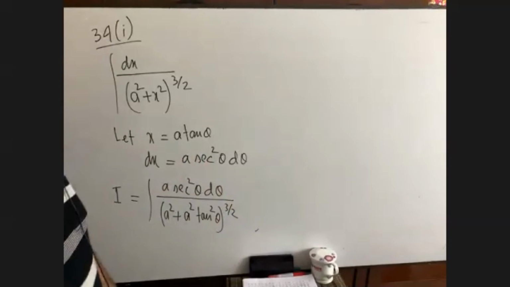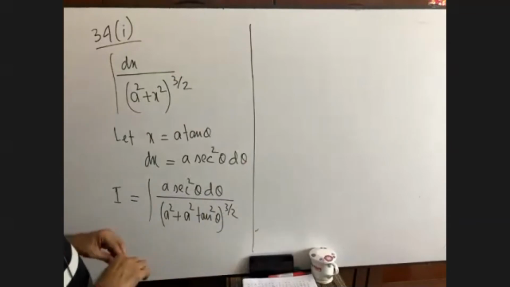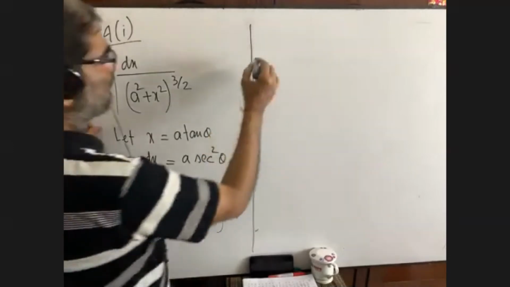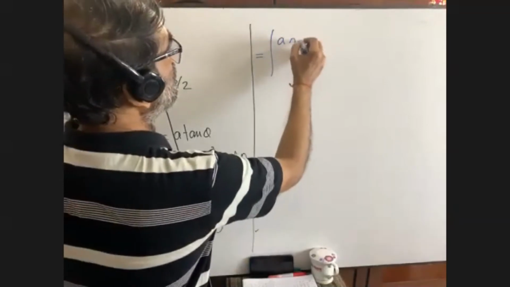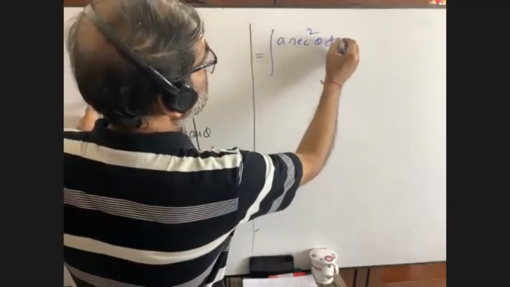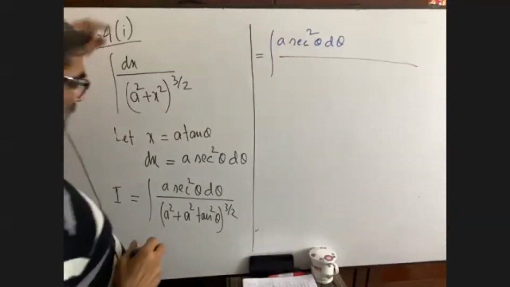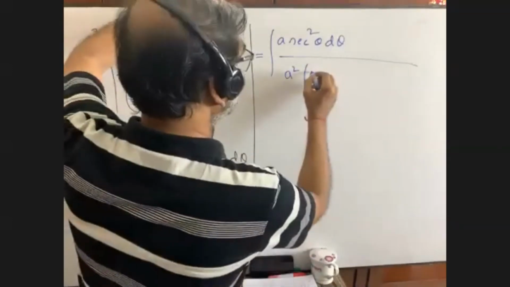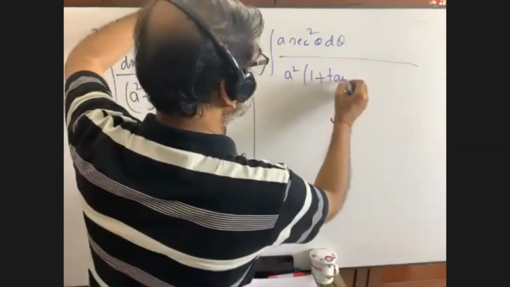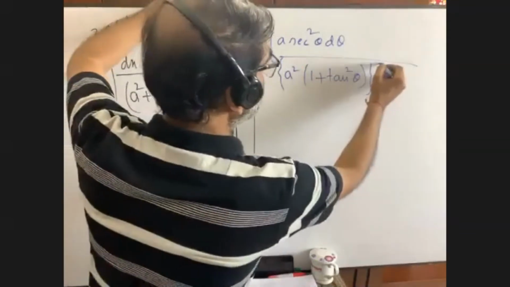Everybody, please talk to me. Now it is a sec square theta d theta. If a square is taken common, then we are getting 1 plus tan square theta, and the second bracket power is 3 by 2.